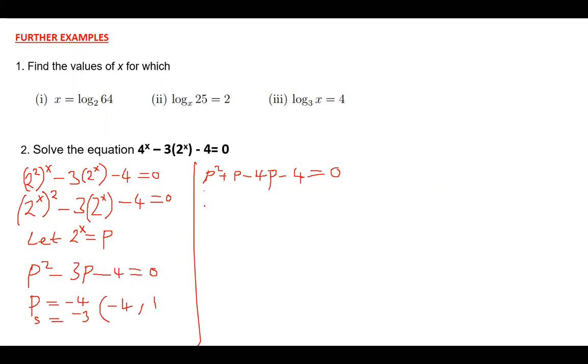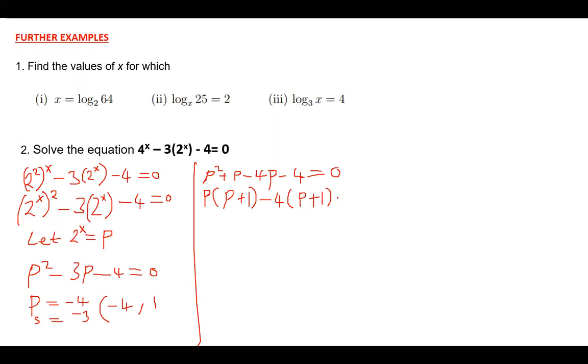Here we factor out the p. We're using the factorization method. So this is going to be p and then plus 1, when we factor out the p from p squared plus p. And then we factorize the -4 there. We're going to remain with p plus 1.